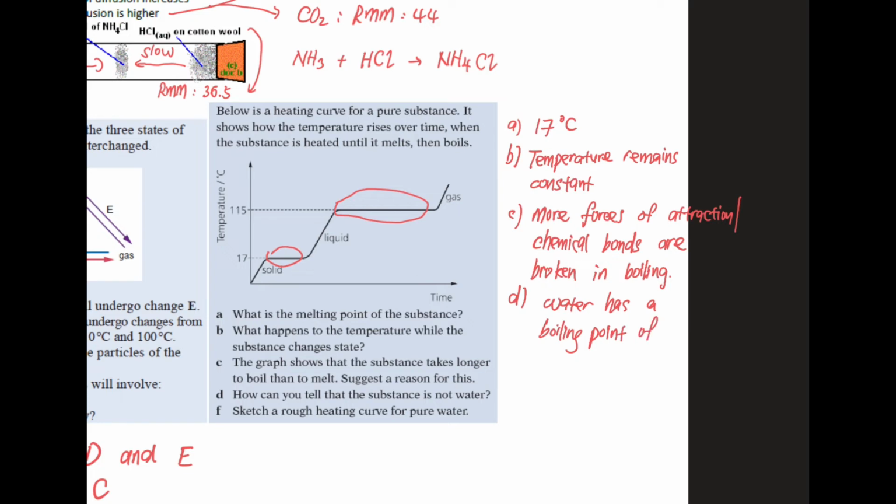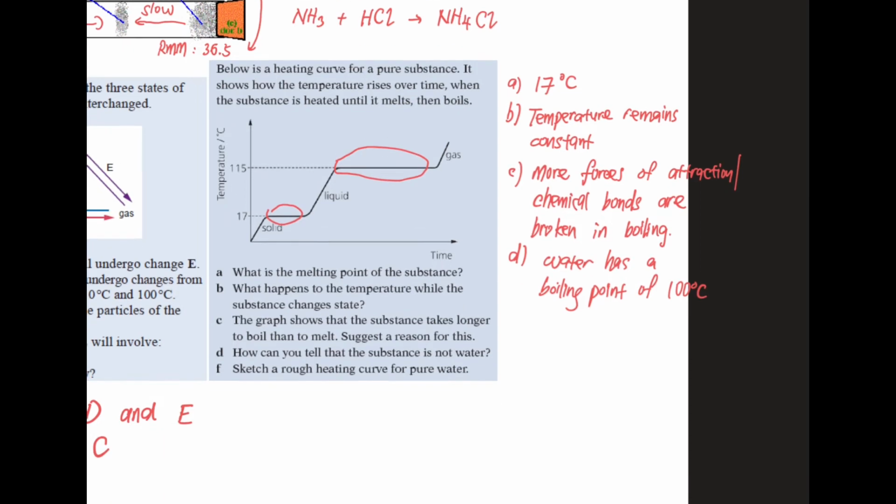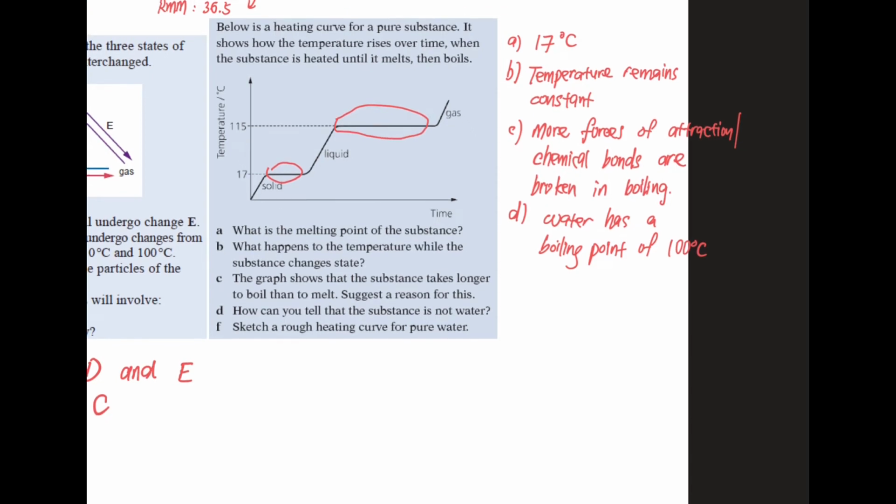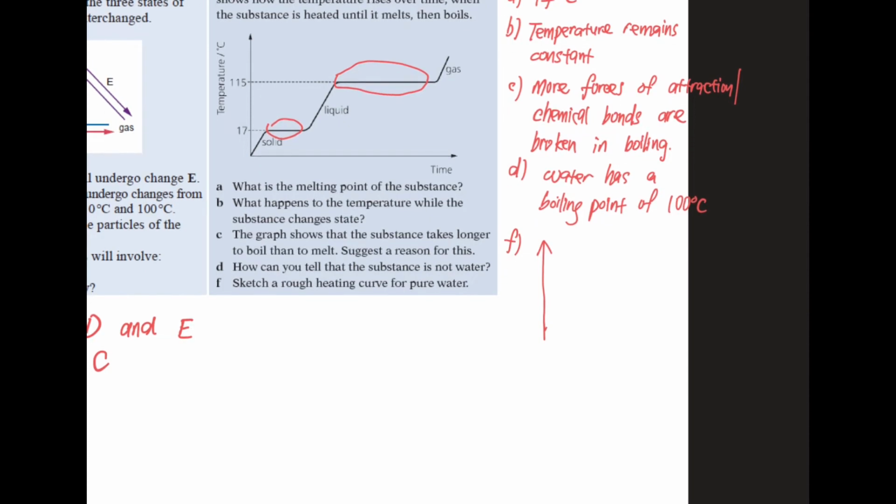Water has a boiling point of 100, not 115. So from here we can reject water. Okay, so part F, sketch a rough heating curve for pure water.